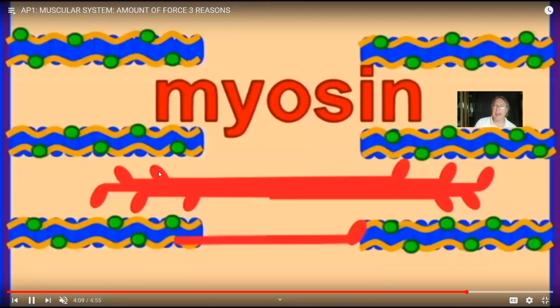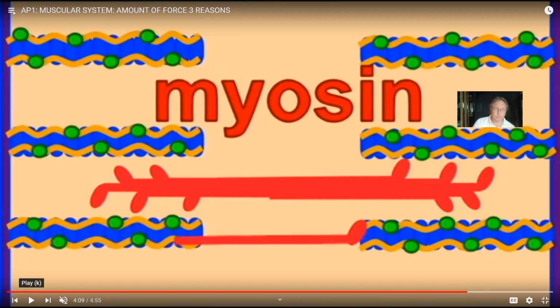So just at any specific moment, how many of these red knobs can actually contact actin? If the sarcomere is too short, the number is not at its greatest point. If the sarcomere is stretched out, then maybe this one could still contact actin, but now this one couldn't if we stretch the blue too far this way.